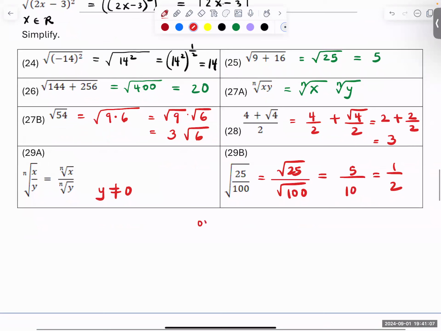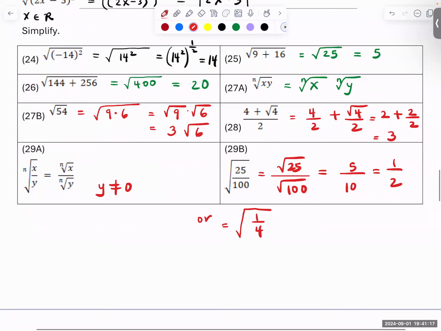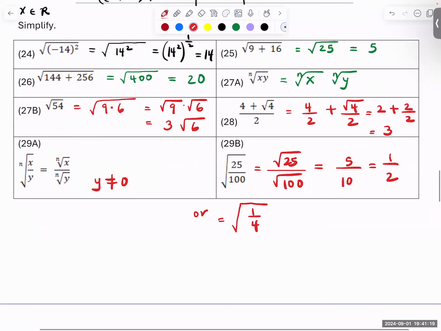Or, to begin with, the radicand can be simplified since 25 divides 100 4 times. We have the principal square root of 1/4, which is the square root of 1 divided by the square root of 4, which equals the same answer as before, 1 divided by 2.